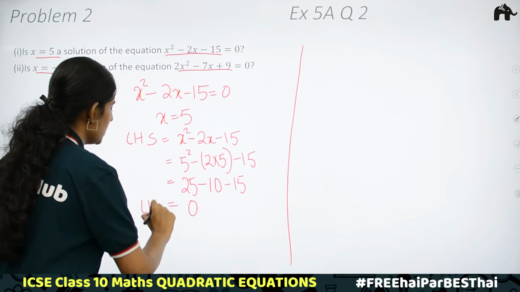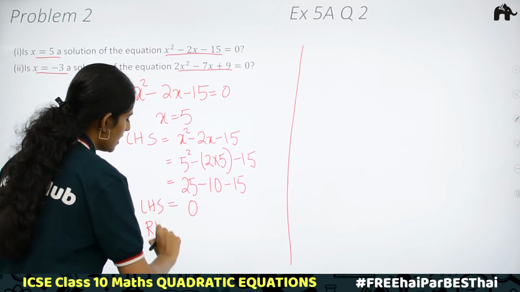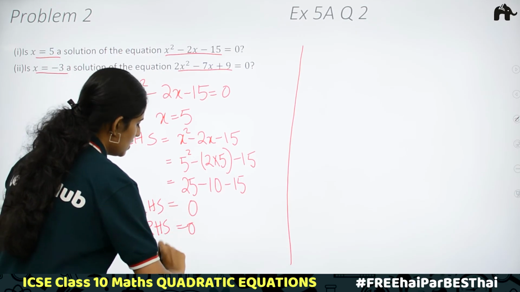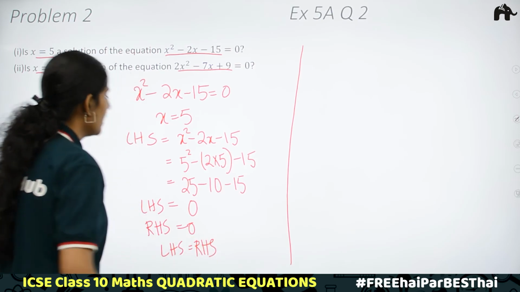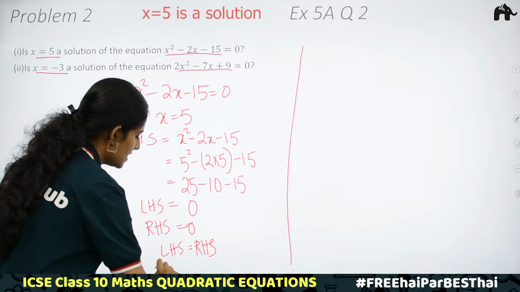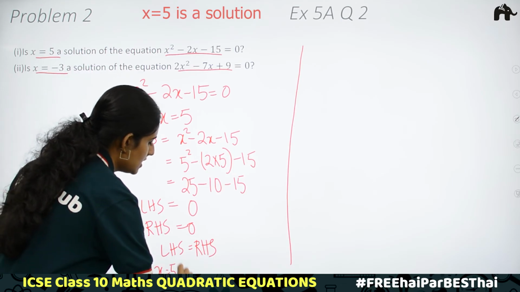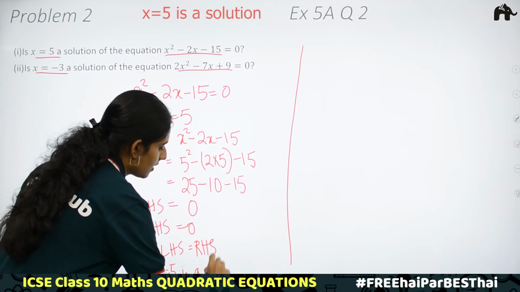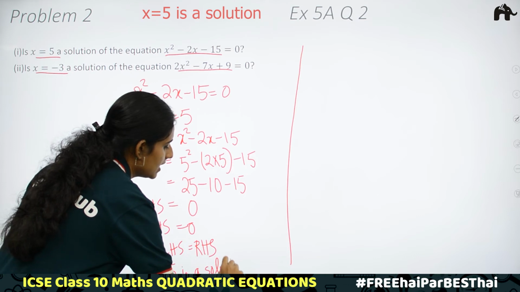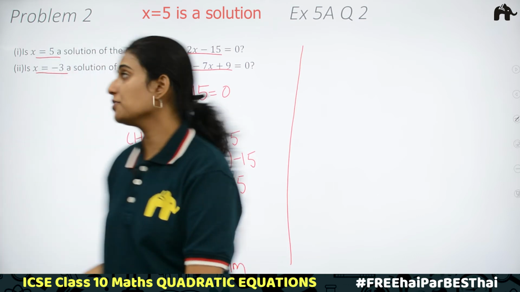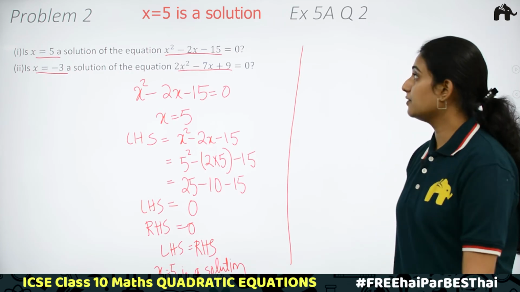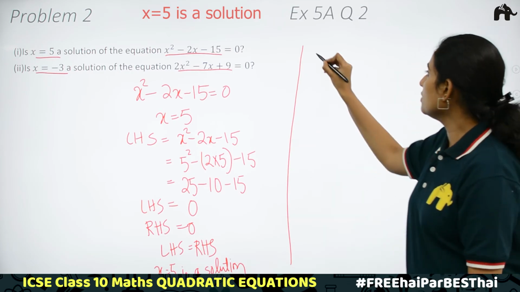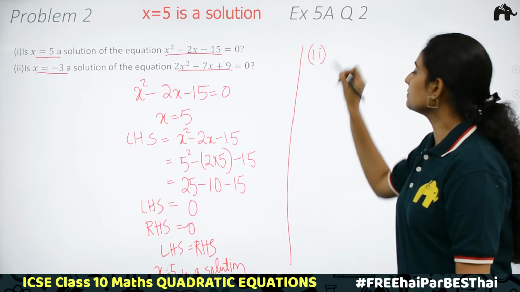LHS is equal to 0. Then what is RHS? RHS is already 0, which means LHS is equal to RHS, and hence x is equal to 5 is a solution of the given quadratic equation x square minus 2x minus 15 is equal to 0. Now, the second part.